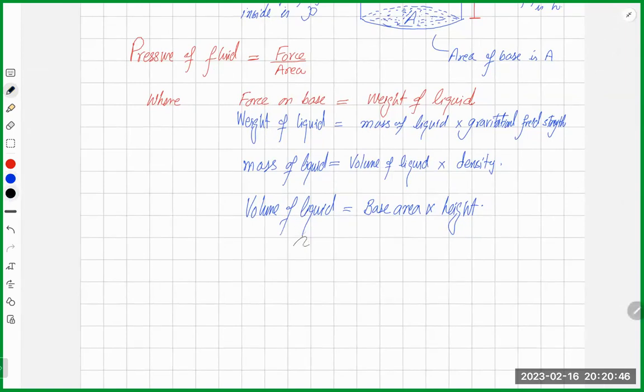So if volume of liquid is base area into height, so mass will be, because it is volume multiplied by density, AH into rho. See, mass of liquid was volume multiplied by density. If density is rho, it will be AH rho.